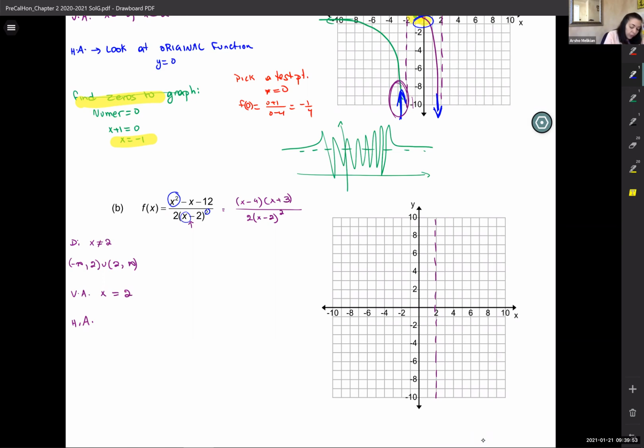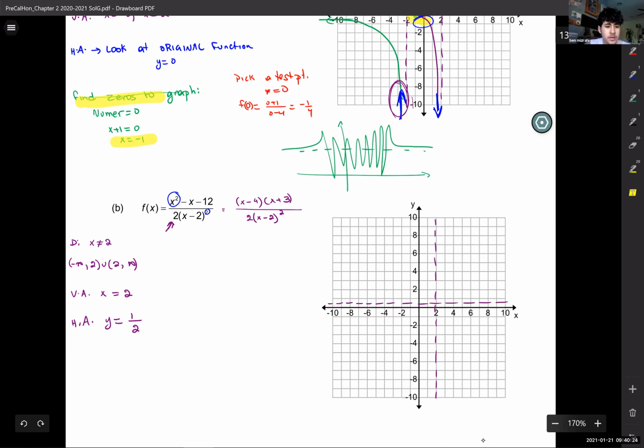So x squared over x squared, same terms, same exponents. That means it's going to be y equals 1 over 2, right? Because this 2 is going to be a coefficient when I multiply out that denominator of the leading term. Okay, so that's my horizontal asymptote here, 1/2.